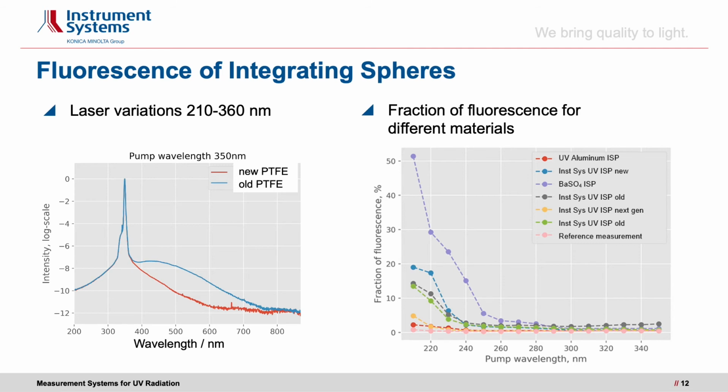And if we look at the fraction of fluorescence for different materials on the right-hand side, for the different pump wavelengths, we see that the optically improved PTFE material has the best performance even in the UVC range.